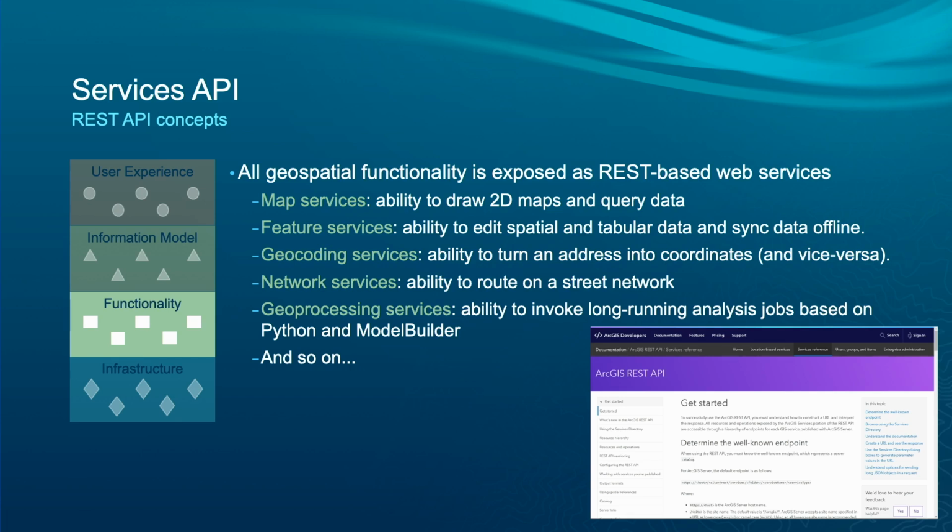But regardless of what service you're using, there are REST requests to those services that are making the actual work happen. When you open a web map and you pan and zoom, and you just have a base map, if you look at the traffic for that map service, that's the base map there, there's actually an export request for every single pan and zoom that goes from the client to ArcGIS Server.